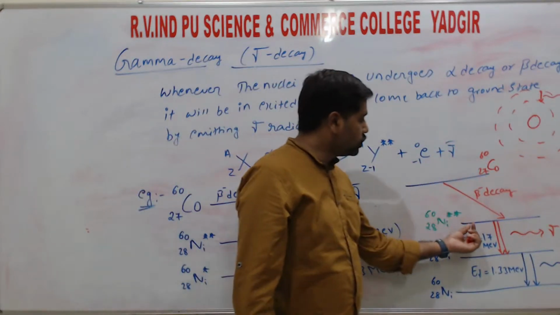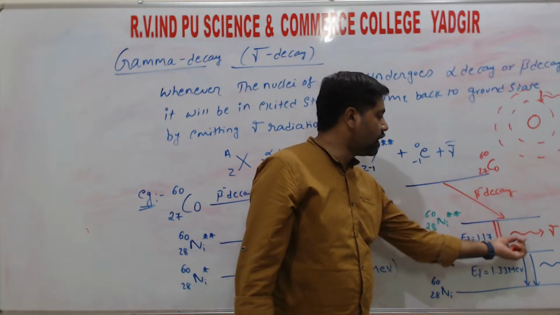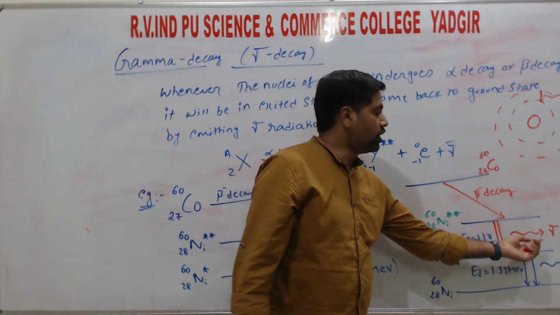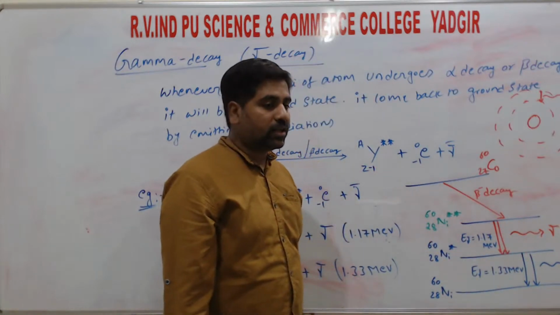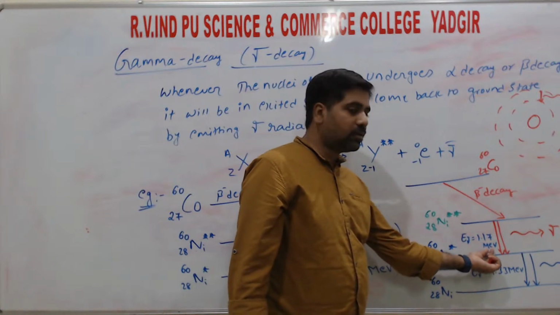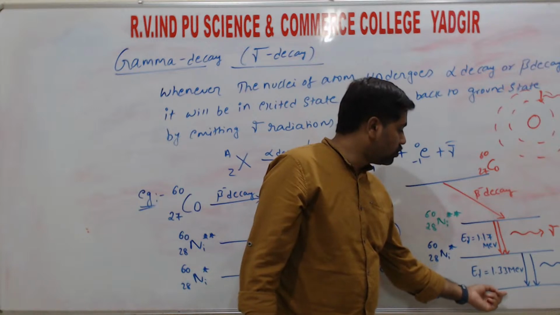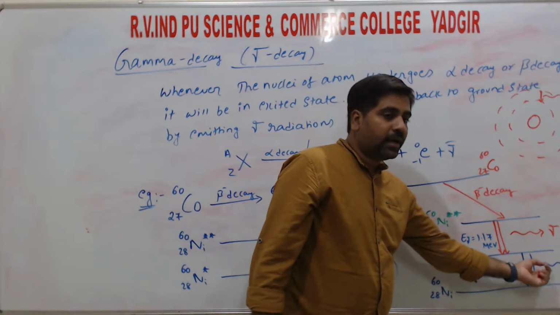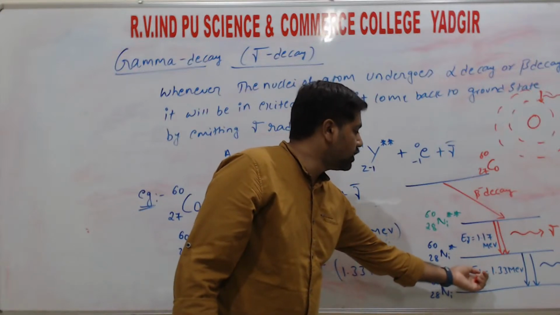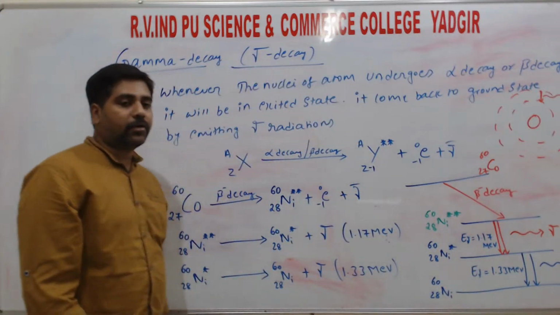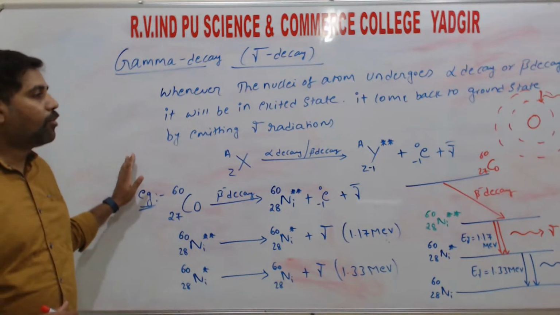Similarly here also it transitions from higher energy state to lower energy state, so that time it emits the energy in the form of gamma radiation, that is highly penetrating radiation, having the energy 1.17 mega electron volt. Further it transitions from first state to ground state. Then also here it emits the radiation having the energy E gamma equals 1.33 mega electron volts. Right? So this is about the gamma decay.